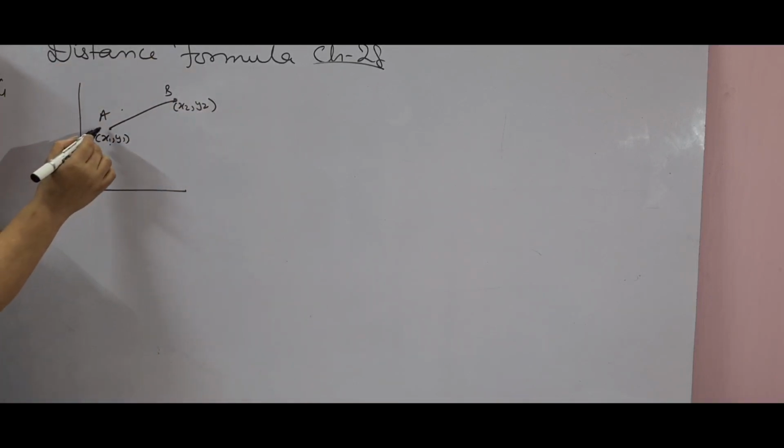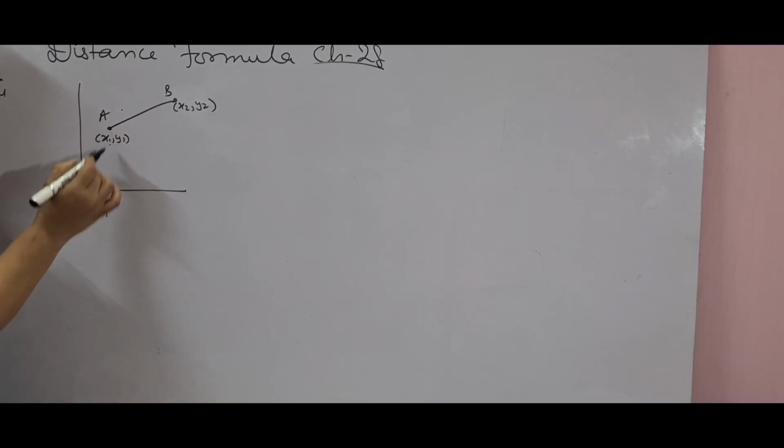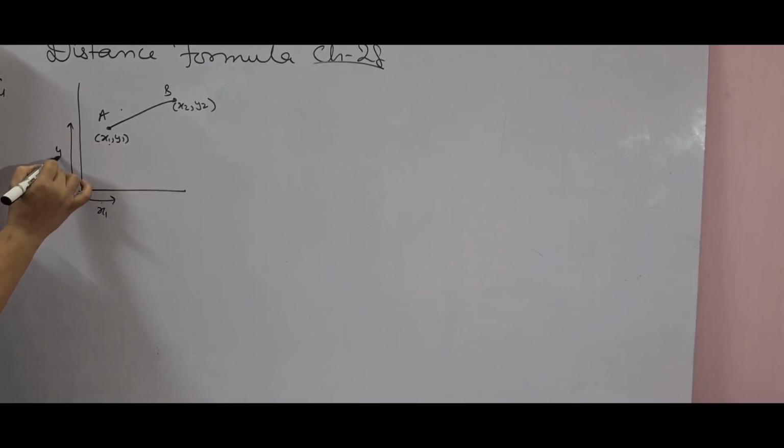How is it related? See, I have drawn a graph in which I have taken one point x1 comma y1. Point A is x1, y1, where x1 is the distance from the origin and y1 is the distance of y1 from the origin.